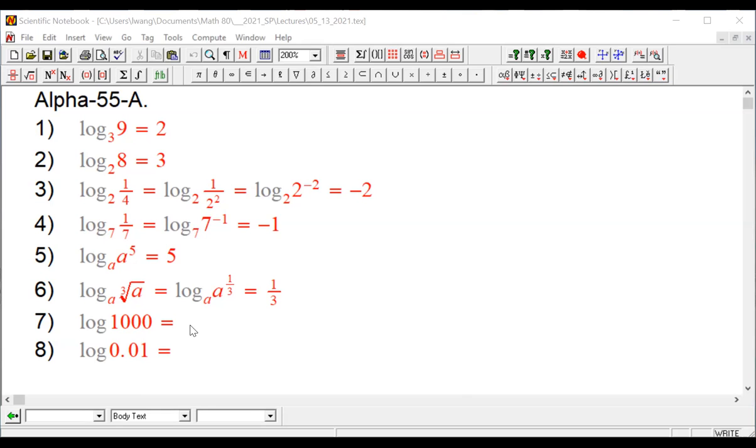So what is log 1,000? And you just know the answer is a number, that number power 10 equals 1,000. And what should that number be? Come on. You know it. You don't want to tell me?